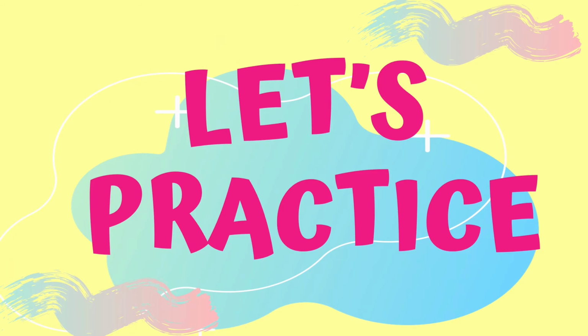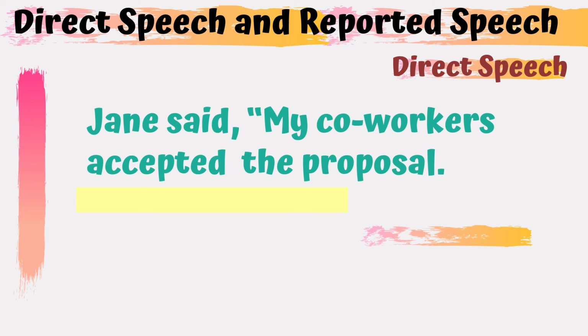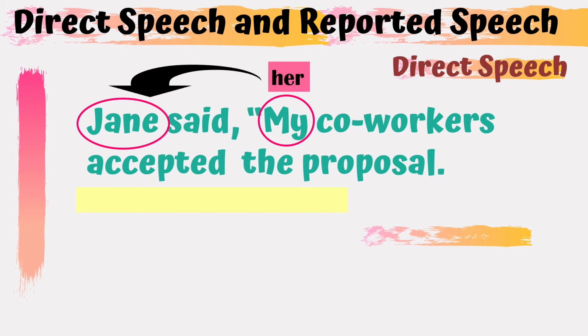Now let us try to convert a direct speech to reported speech considering the things we just discussed. The direct speech is, Jane said, my co-workers accepted the proposal. This sentence is in the first person point of view, so the pronoun my will be changed to her, since my refers to Jane and she is female.